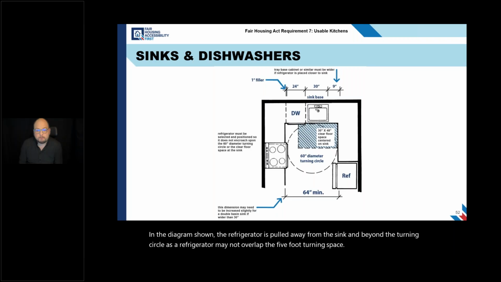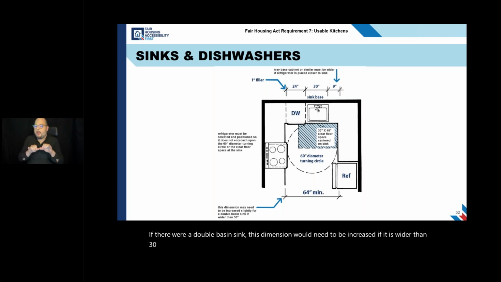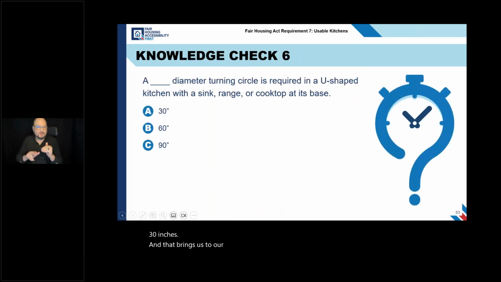If there were a double basin sink, this dimension would need to be increased if it is wider than 30 inches. And that brings us to our next two knowledge checks.